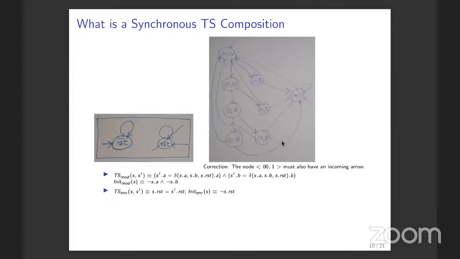That's why I call reset an input to this system, okay? Whereas the transition system of the environment is constraining it, because it has an initial state in which reset is 0. That's what is asserted by this part. And the transition relation corresponding to this just keeps reset the same, okay? That's how I'm defining it.